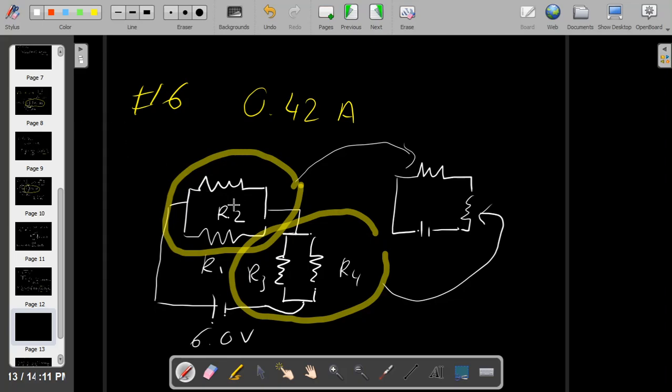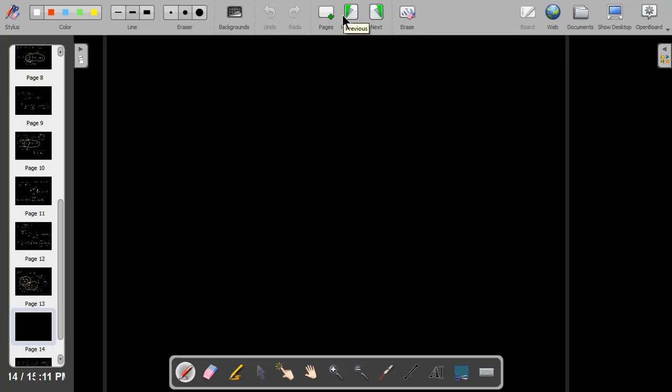Let's start with this area right here. I'm going to call it area 1. And I'm going to call this area 2, so I don't get confused. And we're going to start with area 1. Let's solve the resistance for this area. Let me get all my numbers.